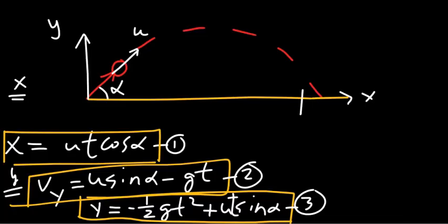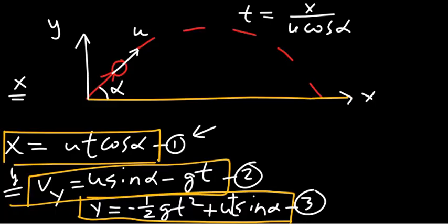Let's see what kind of trajectory this is. We know it's a parabola, so let's show that to be the case. To do that, we have to express t in terms of x from equation 1, that is just x over u cosine alpha, and substitute this t inside the equation for y.